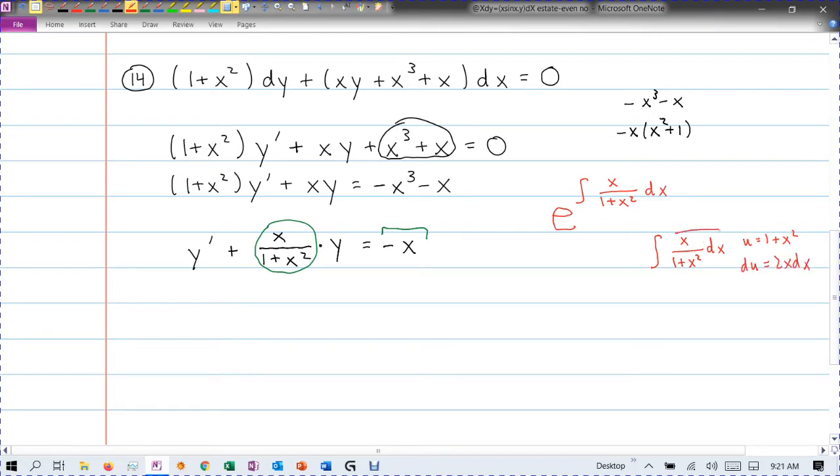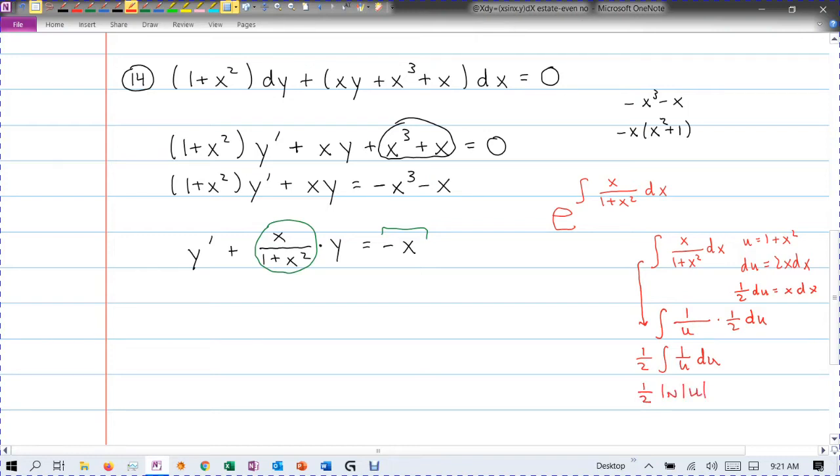So what I can do now is just scale this by a half. That'll give me x dx exactly. So that integral now becomes the integral of 1 over u, and the x dx becomes 1/2 du. So this is 1/2 integral of 1 over u du, which is the natural log of the absolute value of u.